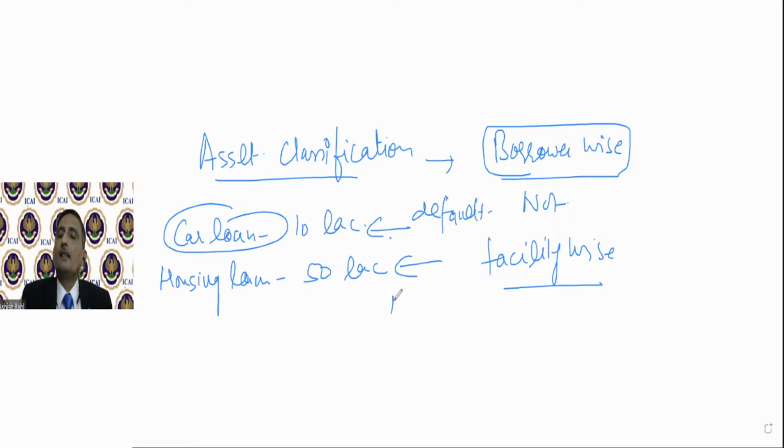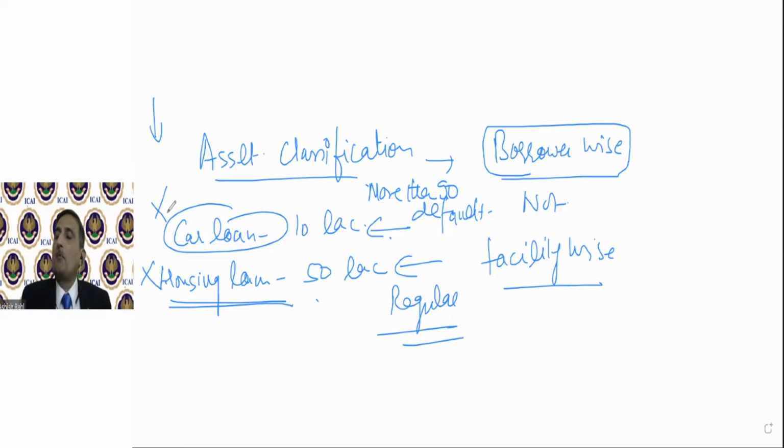Say I do not pay installment of car loan for more than 3 months, for more than 90 days. But my installments here are regular. Both the loans are in my name. In the books of the bank, these are in the name of, say, Ashish Bahal.